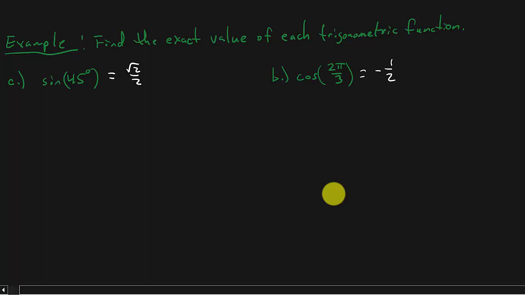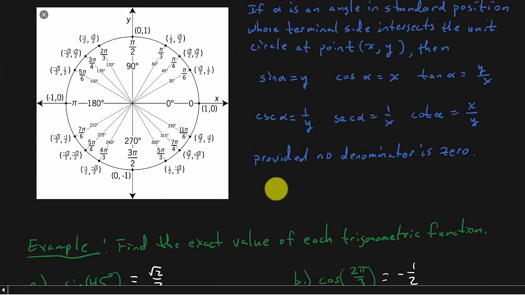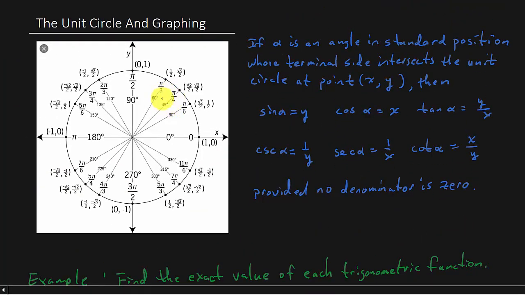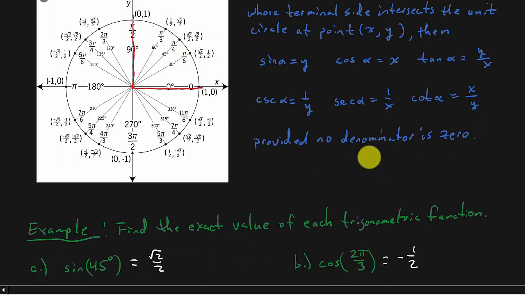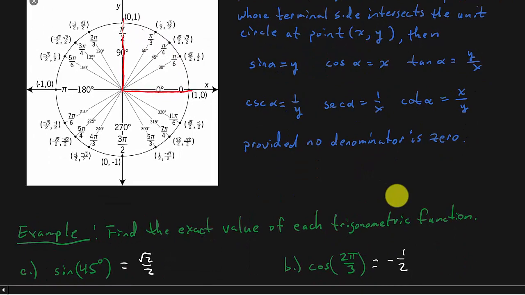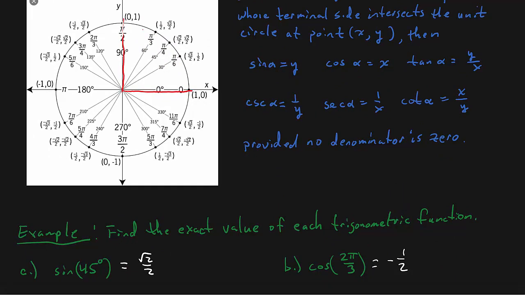Okay, so there's nothing to do there with reference angles, because those angles are in this first quadrant here, see, this right here, let me get a red one. This right here, this is your first quadrant. You just memorize those angles. Okay. All right, now what about cosine of 2 pi over 3? Let's work that one out.